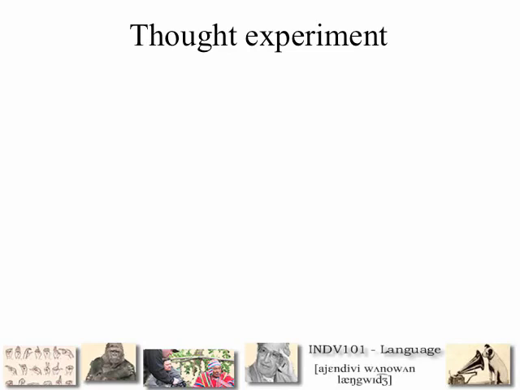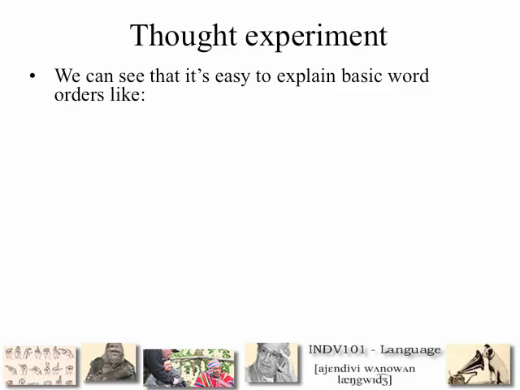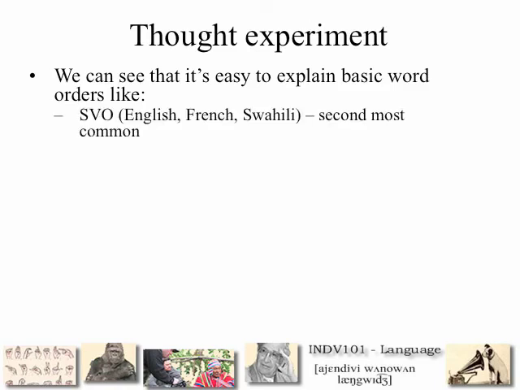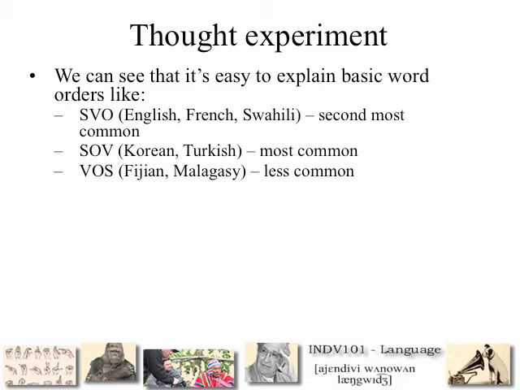Okay, so let's do a little thought experiment. We've looked at 4 basic word orders and their structures so far. It's really easy to explain these basic word orders using the rules we've looked at so far. So we have the really common ones like SVO and SOV. VOS is less common and OVS is actually pretty rare. But we can look at them and we can see how the rules form from the appropriate trees.